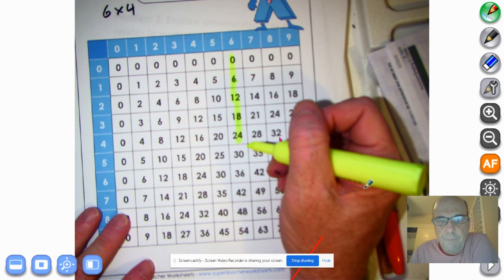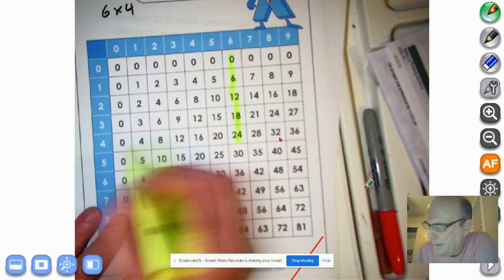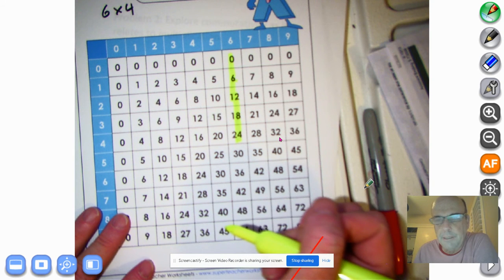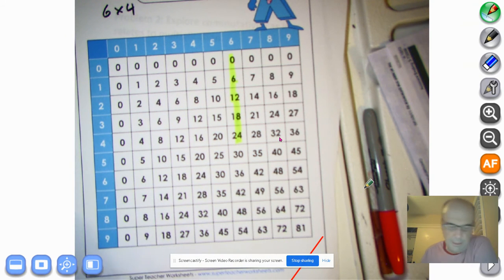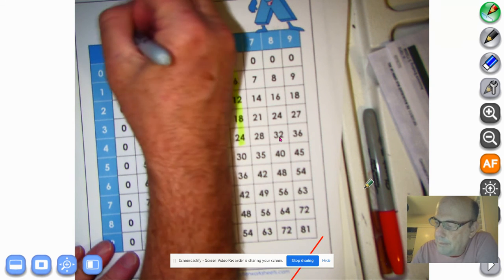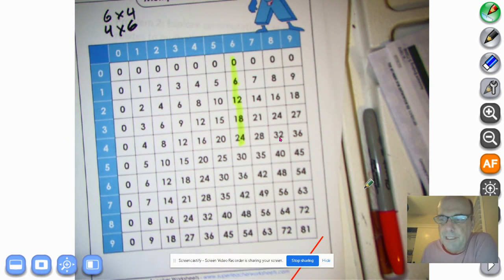What about 4 times 6? Because you see how they meet like that? I'm going to go ahead and write that up here because that's what I like to do. 4 times 6. What would 4 times 6 equal? If you know the commutative property, like I do, you'll know exactly what it equals.